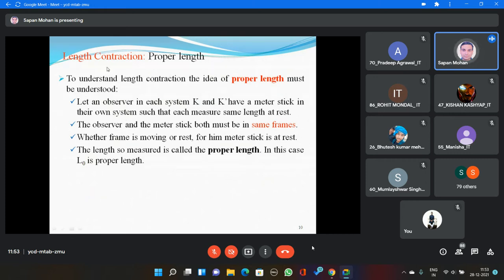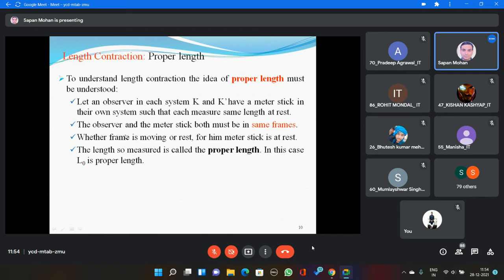Before the derivation of this, what is proper length? In the last lecture I explained it. Again I am telling you, to understand length contraction, the idea of proper length must be understood. Let an observer in each system, K dash, whatever you want to take, have a meter stick in their own system such that each measures the same length at rest.